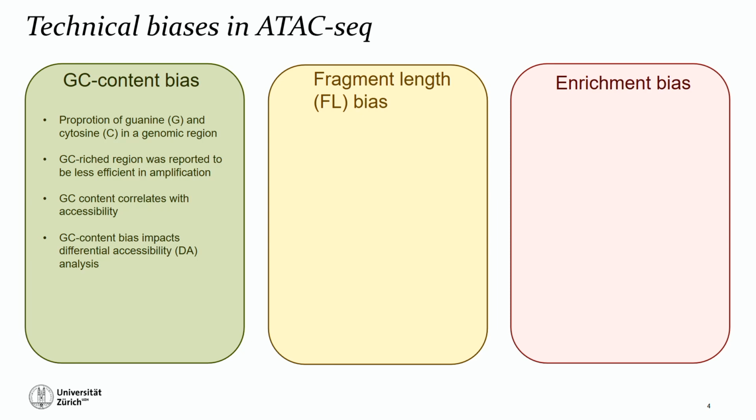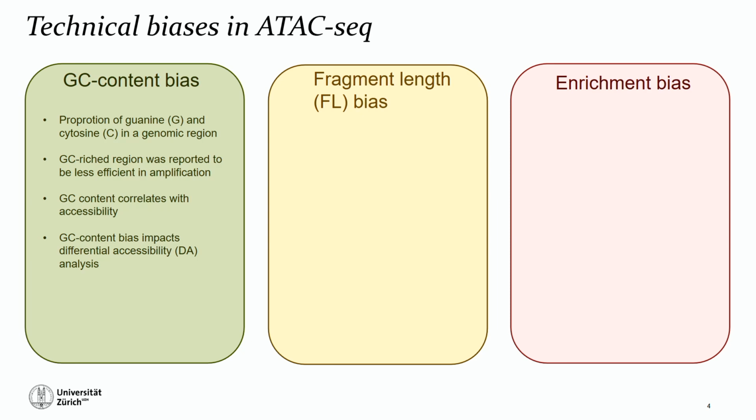GC content is the proportion of G and C nucleotides in a genomic region, and it is a known bias also in ChIP-seq and RNA-seq. PCR tends to amplify GC-rich regions less efficiently compared to AT-rich regions. At the same time, the most accessible regions themselves are GC-rich, so we expect a correlation between GC content and accessibility.